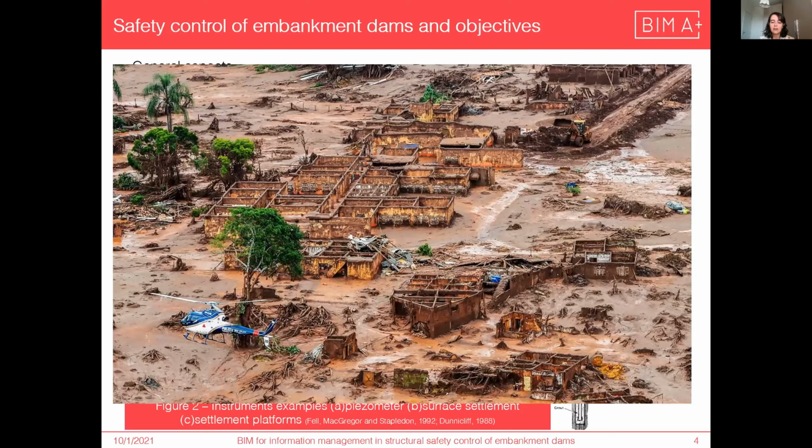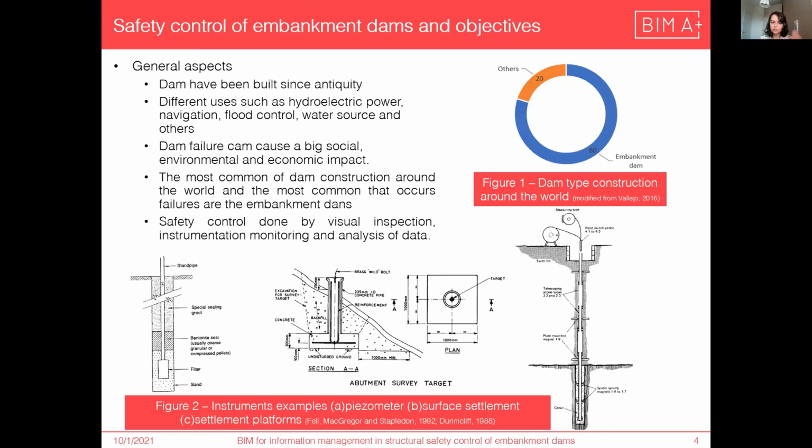For embankment dams, we have many different kinds of instrumentation to measure different parameters. But just as an example, I put here 3 kinds of instrumentation. The first one is the piezometer, to measure the pore pressure inside an embankment dam.